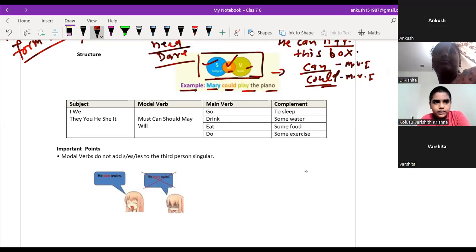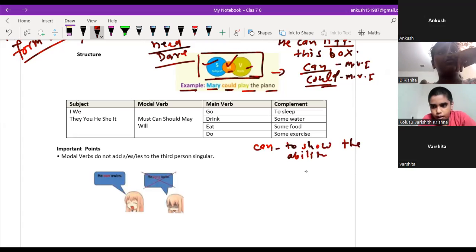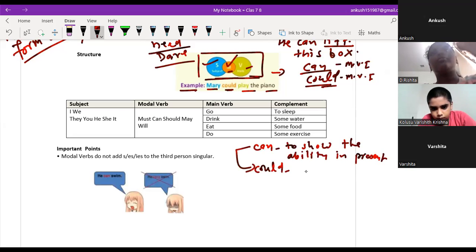You should not say simple present tense, but for showing the ability in present, we use can. To show the ability in present. Now, could is the past form of can.